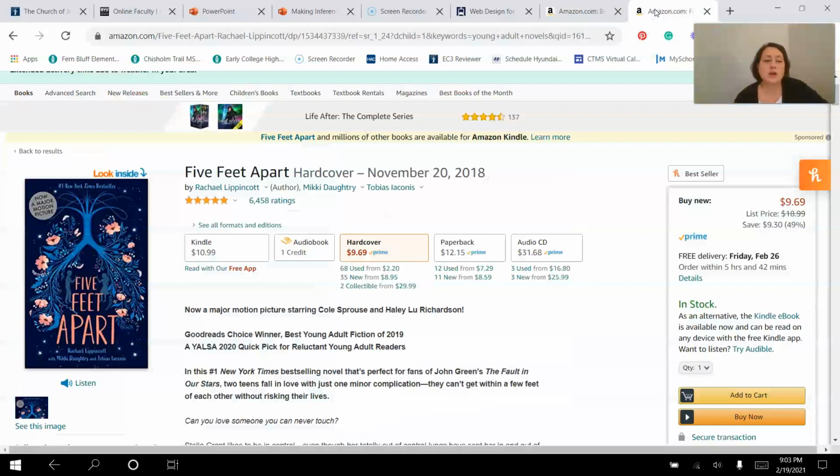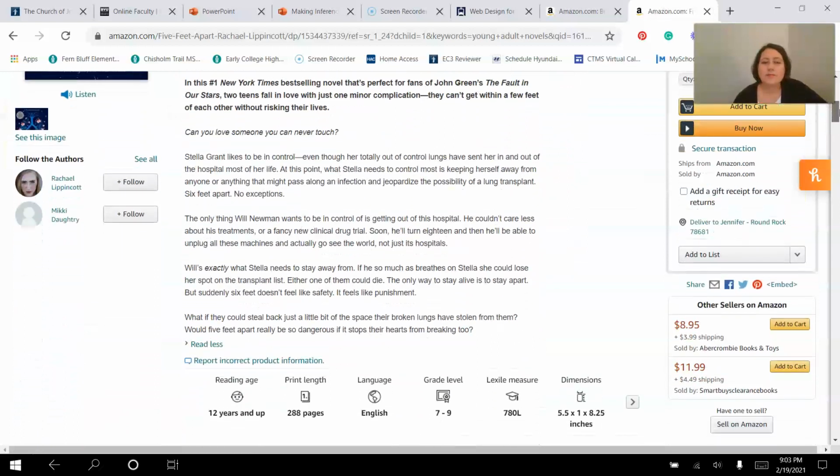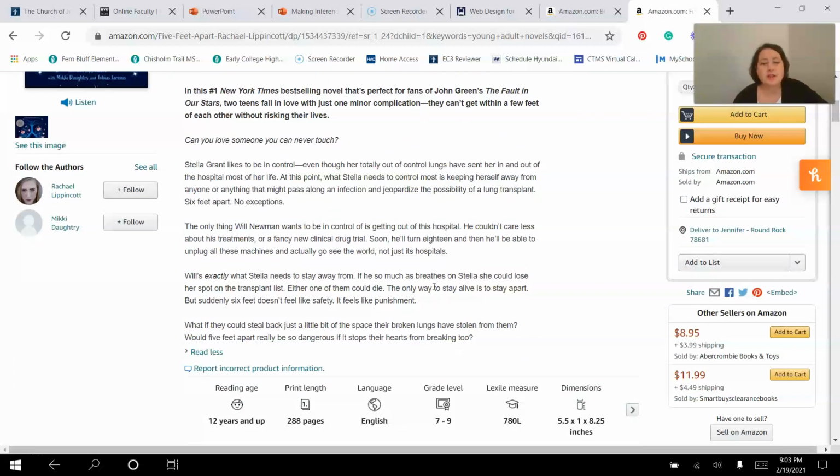Now with our novel, you think, all I have is what's on the back of the book. So some ideas that I may have is, okay, this is a girl who likes to be in total control. So I understand that. I like to have things controlled in my realm when possible.